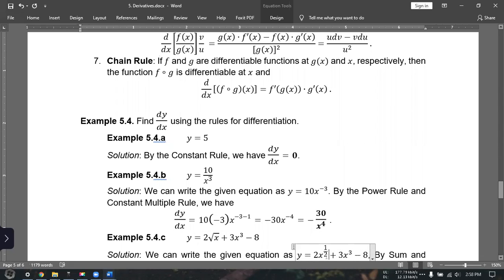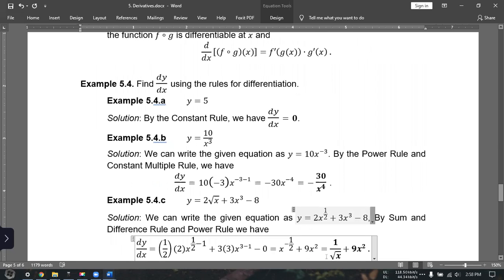So yeah. And then go over with the basic rules: the power rule, the constant multiple rule, and the constant rule. The exponent is 1 half times 2.